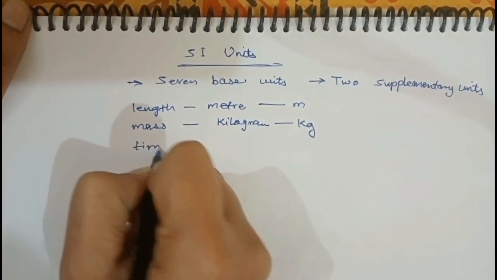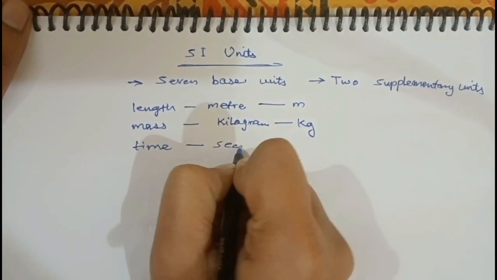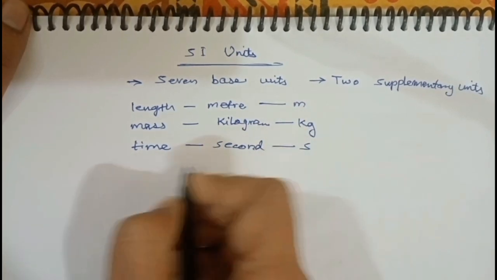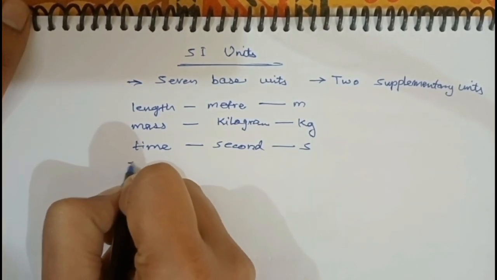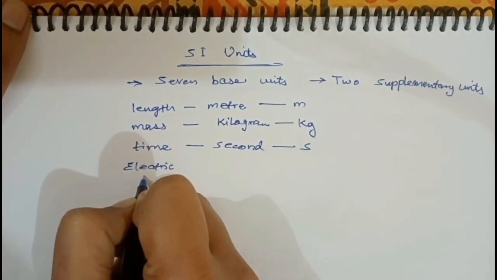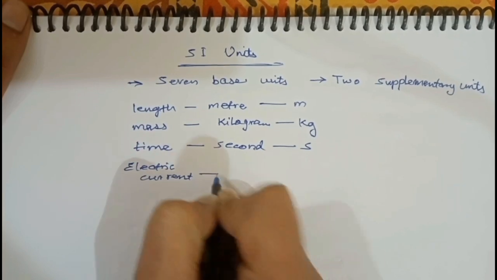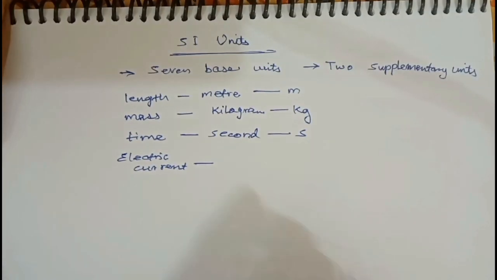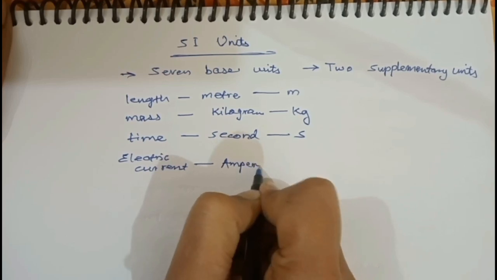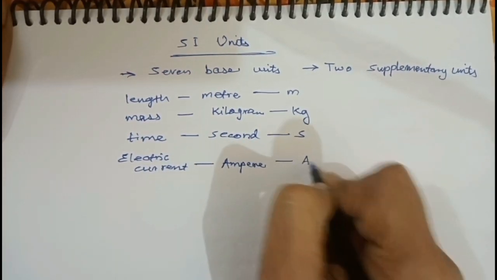And to measure time, here it is second. Symbol is simply s. Electric current, what is the unit? Ampere, abbreviated as A.